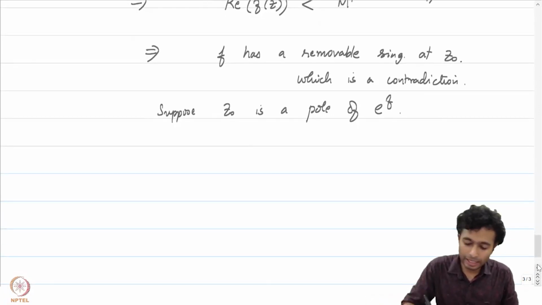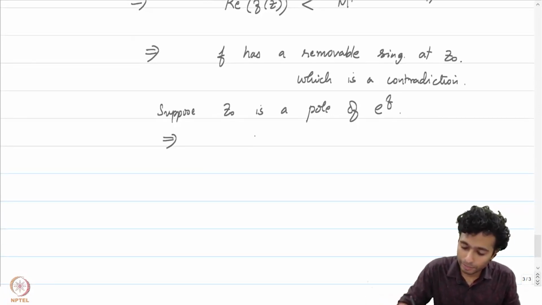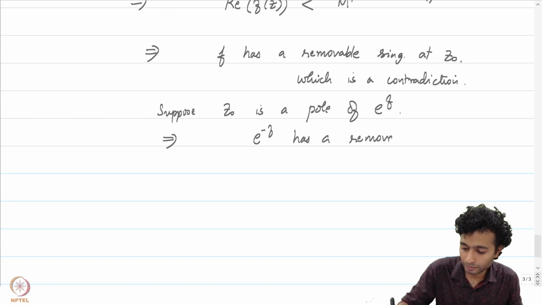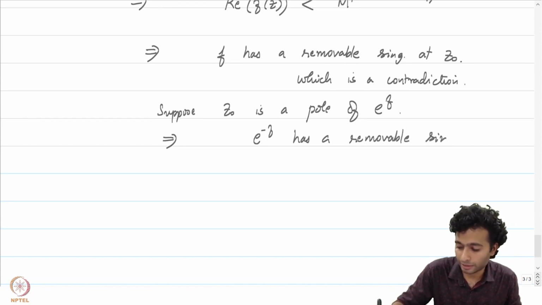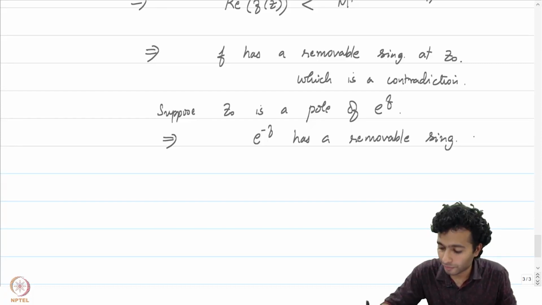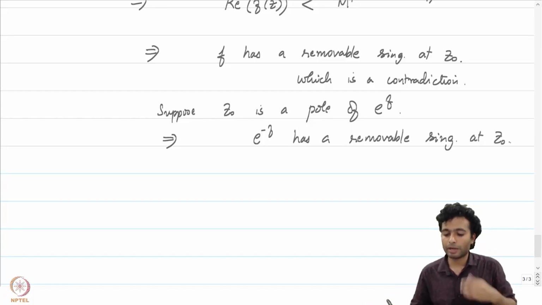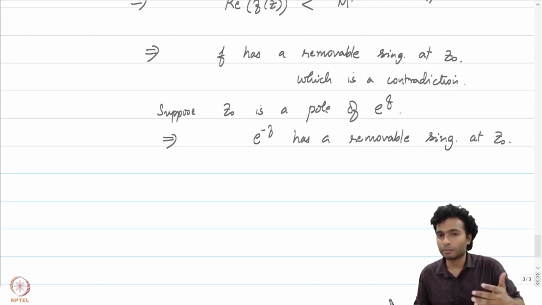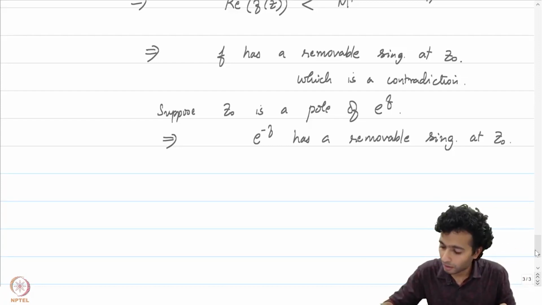That would mean that e to the power minus f has a removable singularity at z0, isn't it? That's by the very definition. In fact, at z0, e to the power minus f is going to be 0. If z0 is a pole of e to the power f, 1 by e to the power f will have a 0 at z0 after removing the singularity. It's going to be a removable singularity.